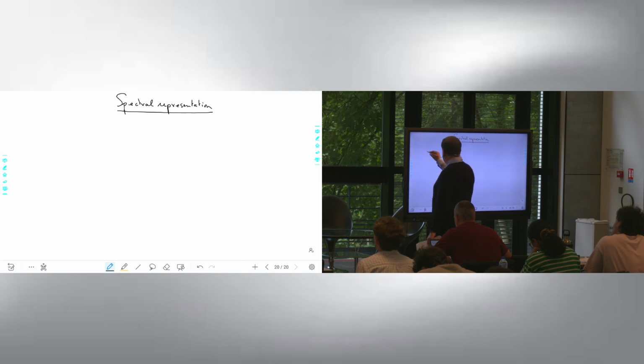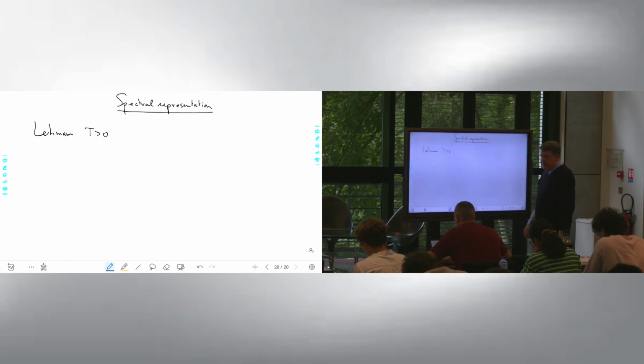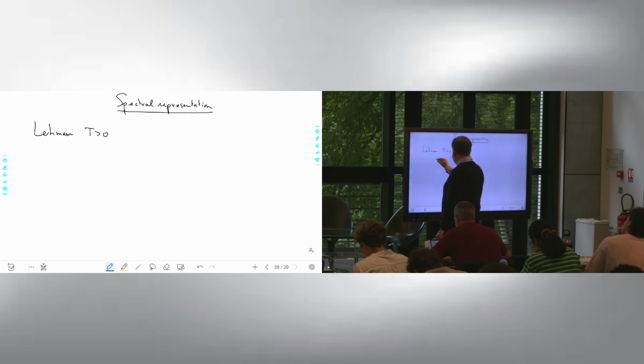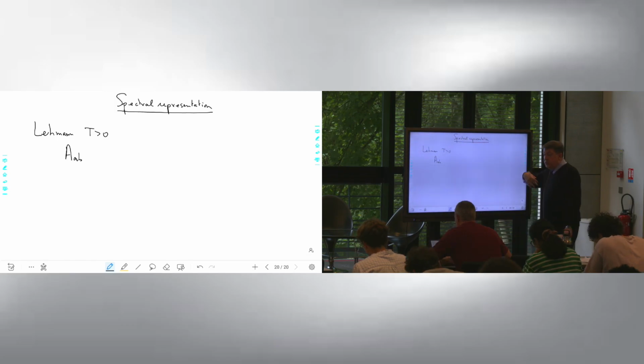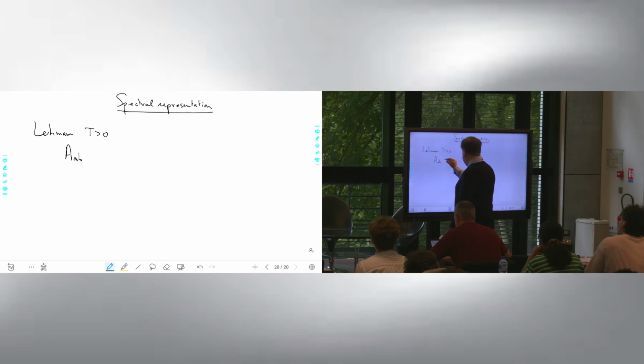I'm going to do two things. First, I'm going to write the Lehmann representation at finite temperature. When I started earlier, I did it at zero temperature. I'm going to give you the formula at finite temperature. It's exactly the same, except you are not in the ground state. You have to insert two states to break the trace, not one state.